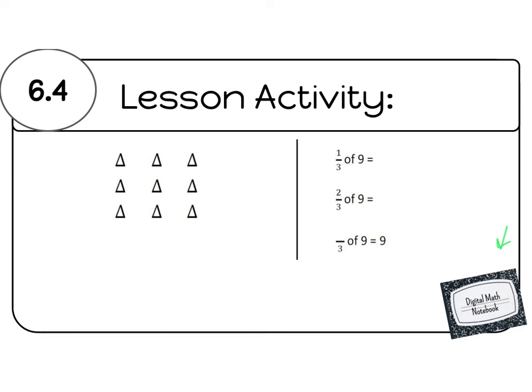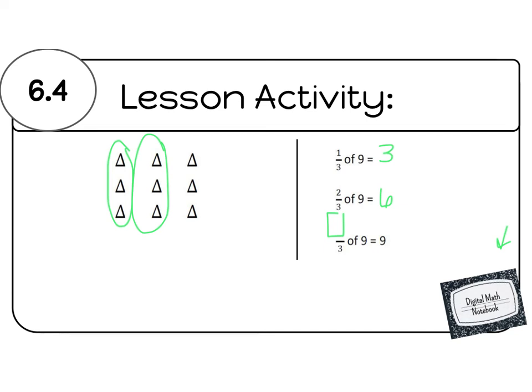So if I have 9 things, in this example, it's 3 in both directions, so it doesn't matter whether we circle up or down or left and right because we're finding 3s. So if I circle 1 row, that's going to be 3. If I circle 2 rows, that's going to be 6.